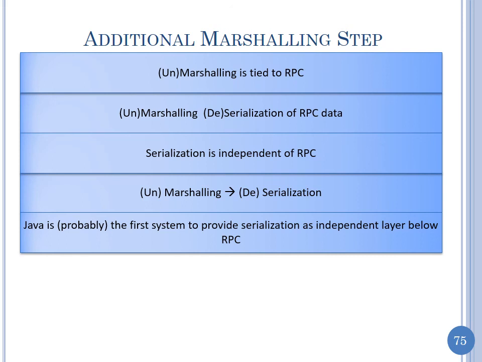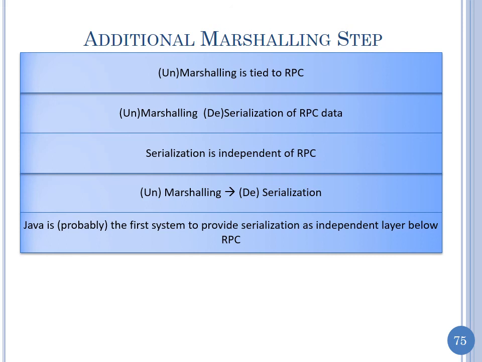And I also said that at one time there was no separate serialization layer. We only serialized when we're making remote method calls. You either send bytes on a data communication port, or you send non-bytes on a remote procedure call. So Java was probably, to my knowledge, the first language that allowed serialization to be separate from marshaling. Marshaling was built on top of serialization.